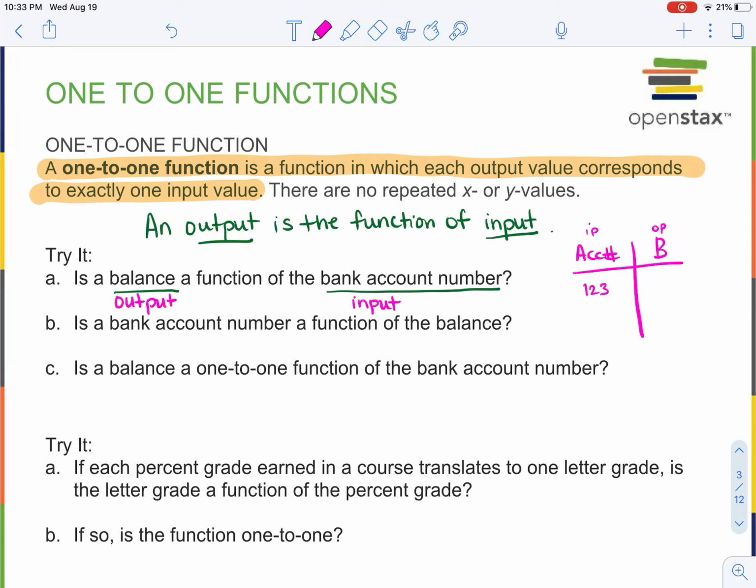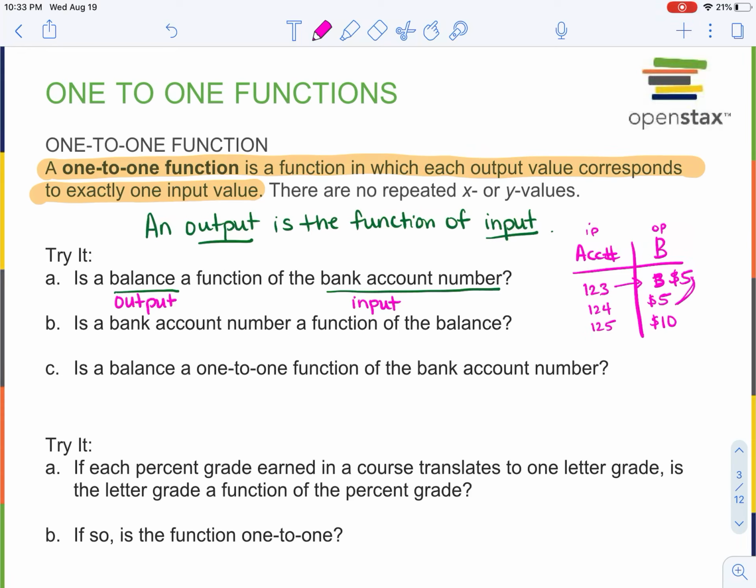Let's say you have bank account number 123, bank account number 124, and bank account number 125. Account number 123 is going to have some balance. Let's say it's $5, and let's say the bank account balance of 124 is $5, and the balance of 125 is $10. Well, it doesn't matter that these are the same.